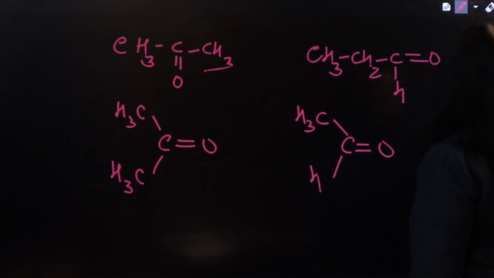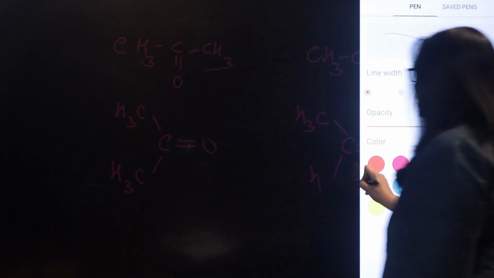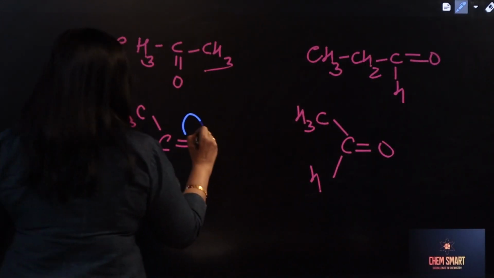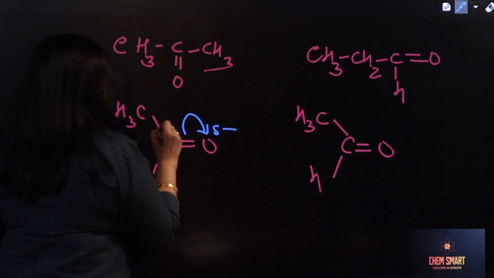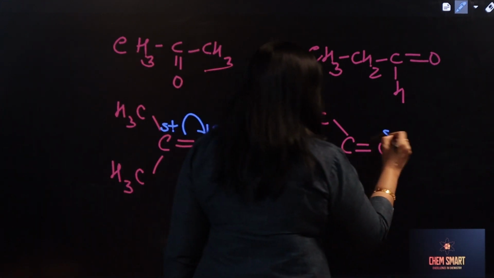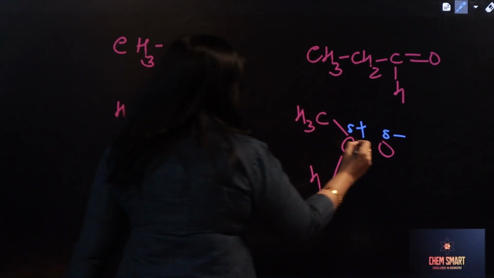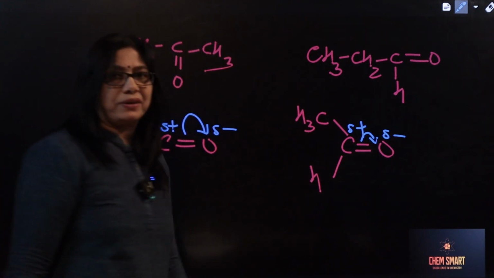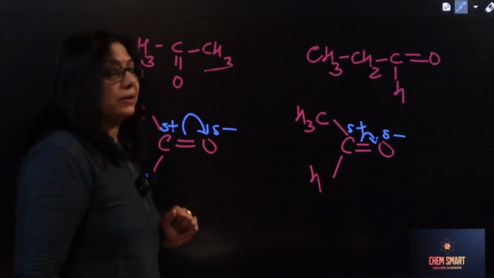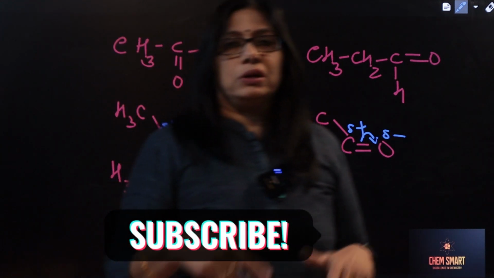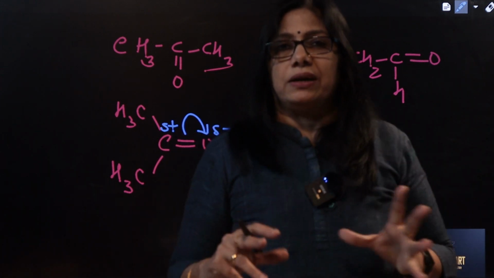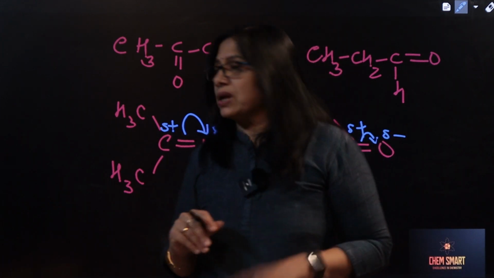Sterically, what is happening here? This oxygen is negative and this carbon is positive, because of shifting of electrons in this pattern. So the carbon of C double bond O is the electrophilic center because it is turning positive.